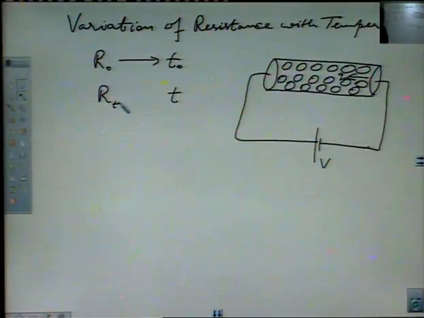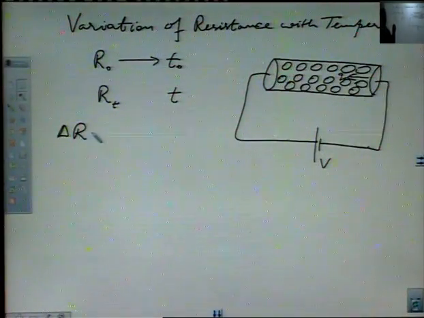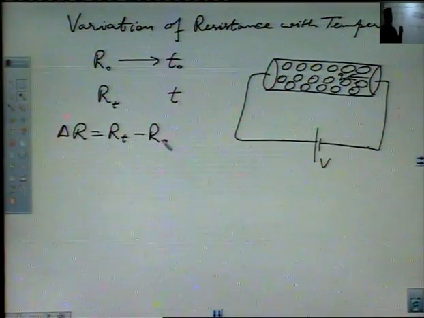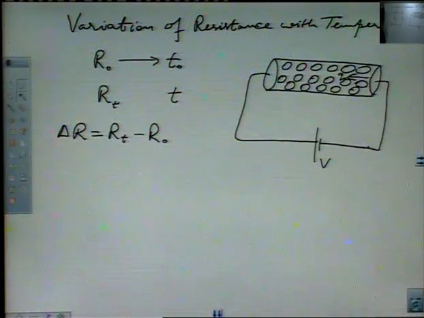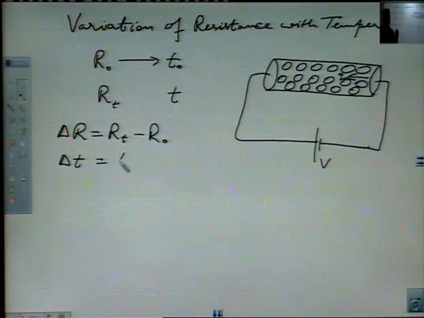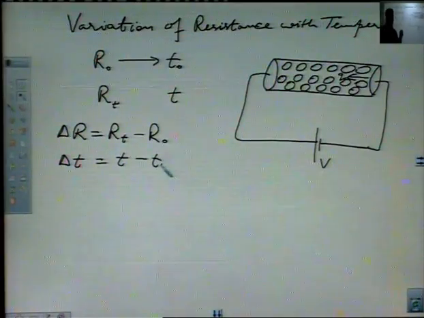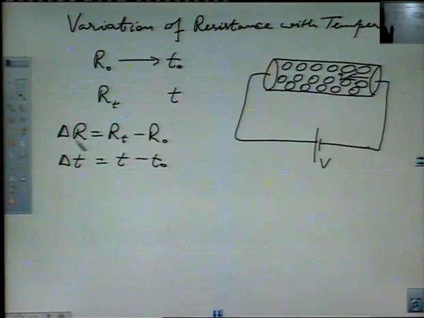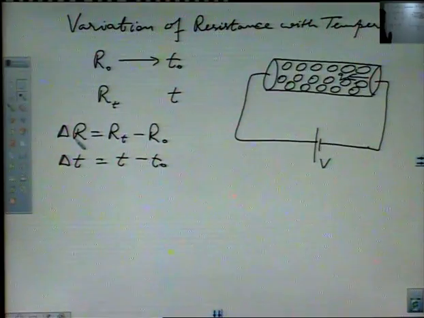So, there is a change in resistance. How much is change in resistance? Let it be delta R. This is equal to RT minus R naught with a change in temperature. How much is the change in temperature? Let it be delta T, which is equal to T minus T naught. So, a delta T change in temperature results into a change in resistance of delta R.